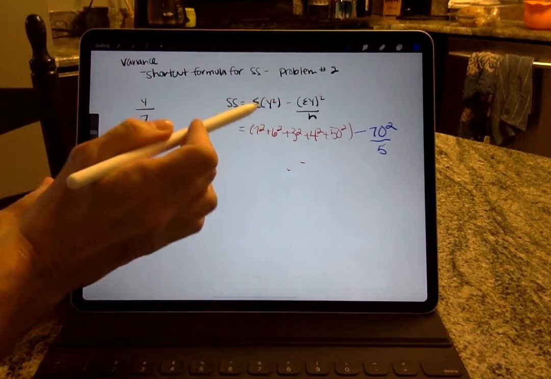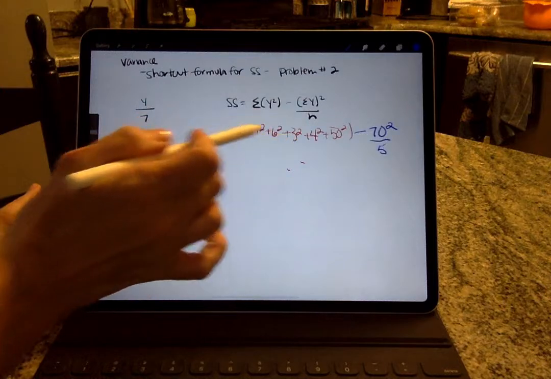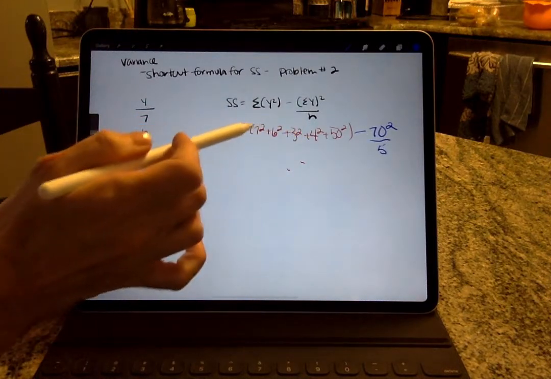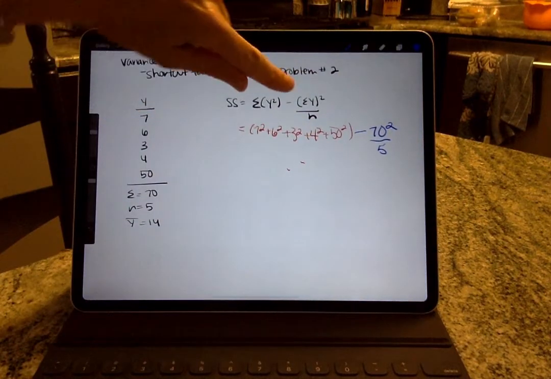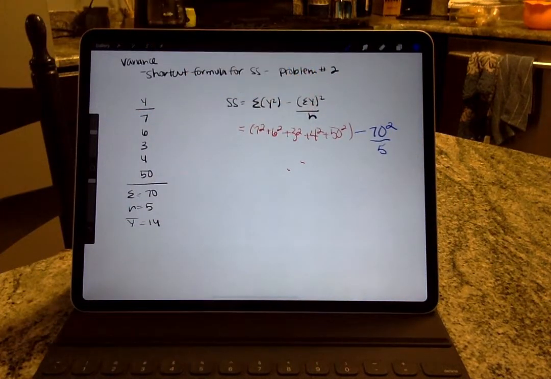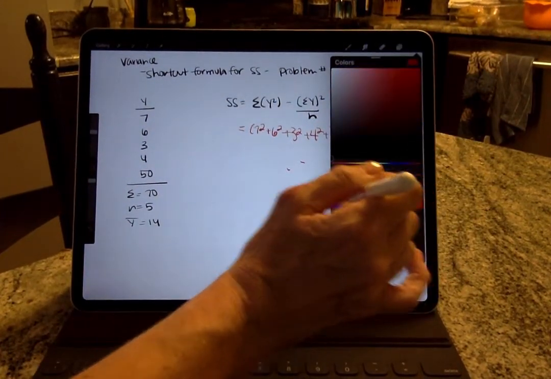So the first part of the problem, again, we're taking all those y's, squaring them, then adding them up. For the second part, we're adding up the y's first, then squaring it and dividing by n.